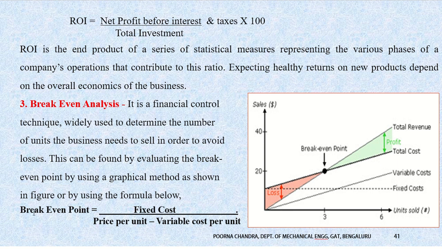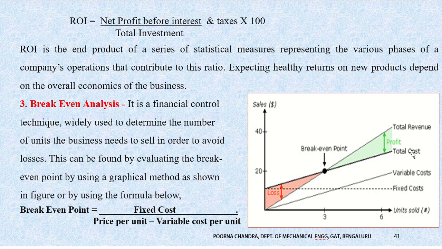So here the formula is: break-even point is equal to fixed cost divided by price per unit minus variable cost per unit. So we can check out here. This is a break-even point where we are moving towards profit here and this is towards the loss, right? So here this is the fixed cost. This is the actual cost incurred and this is the variable cost which is slightly varying.